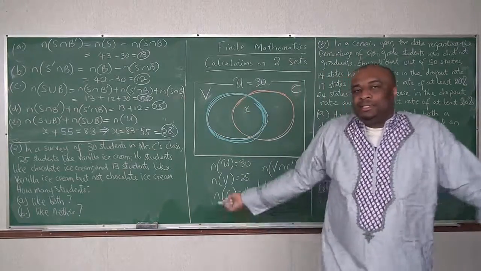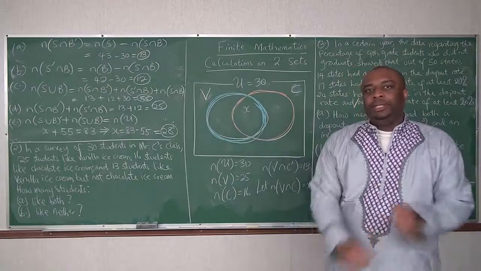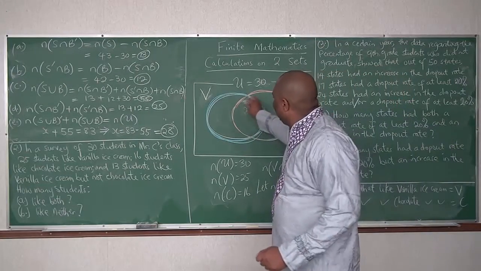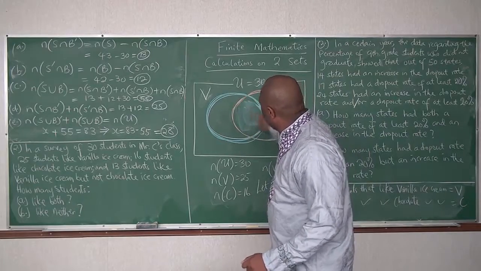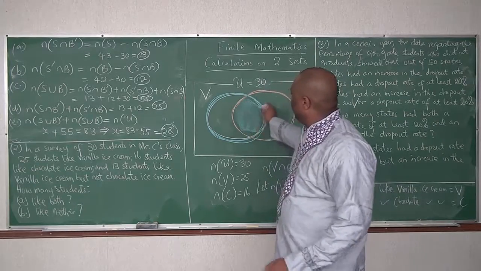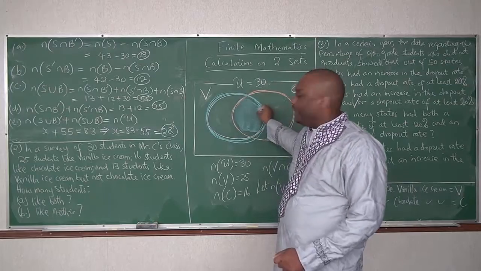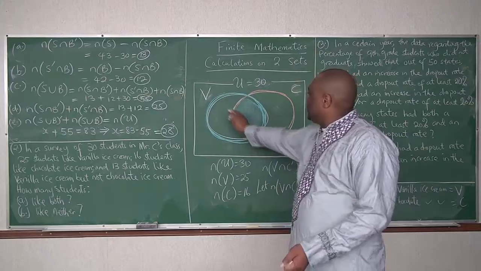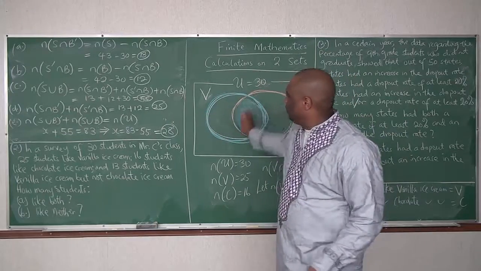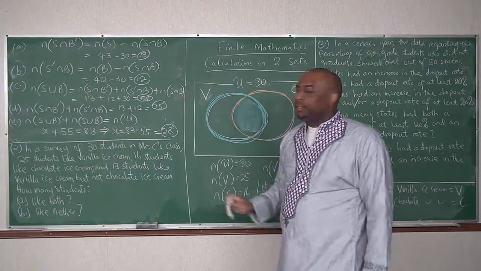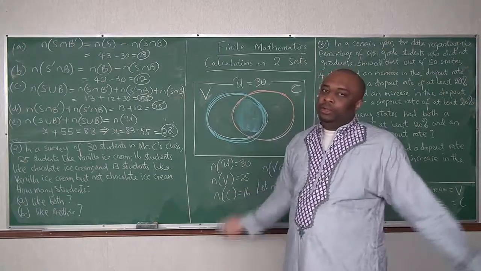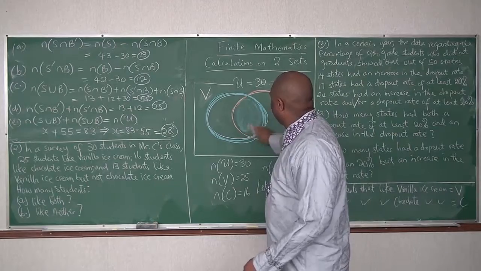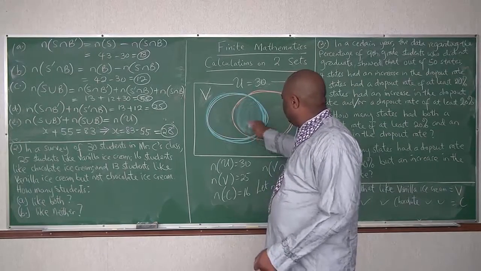So what is X? It tells you right away. What do you think X is? You want to find this area here. Everybody here is 25, and this area alone is 13. So what is this area? You have to subtract. So that kind of tells you what it is.